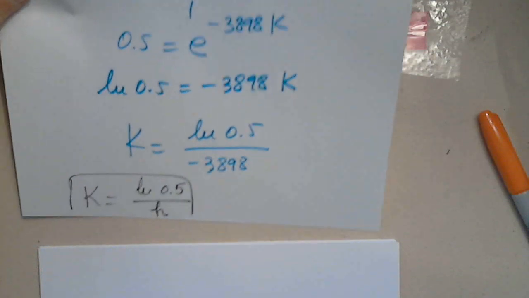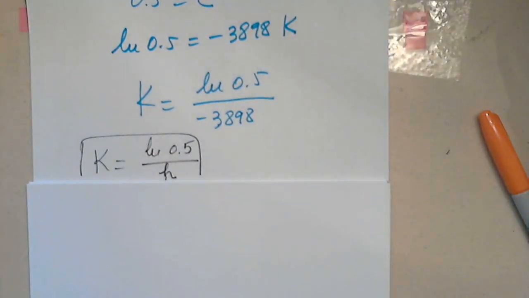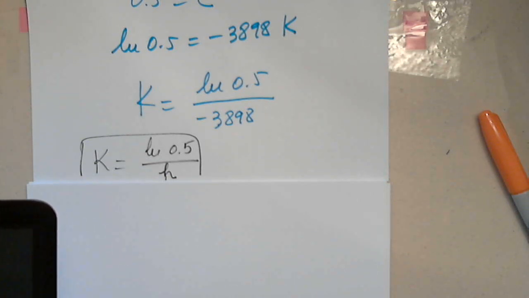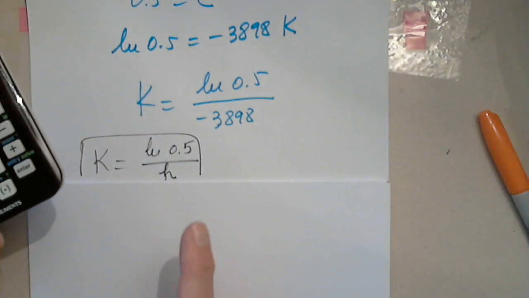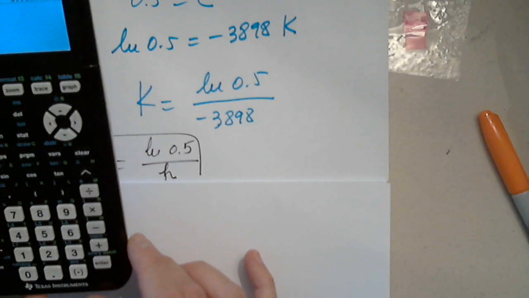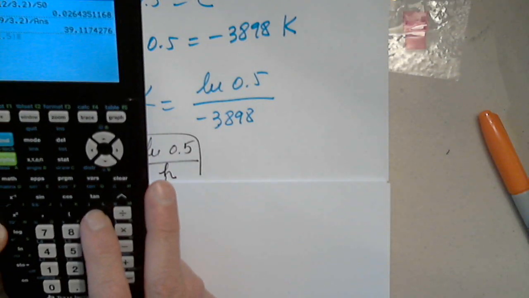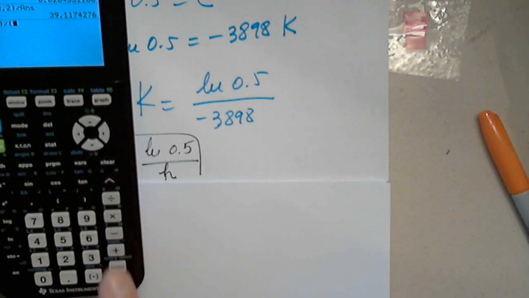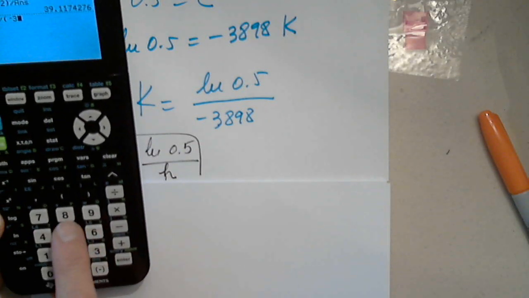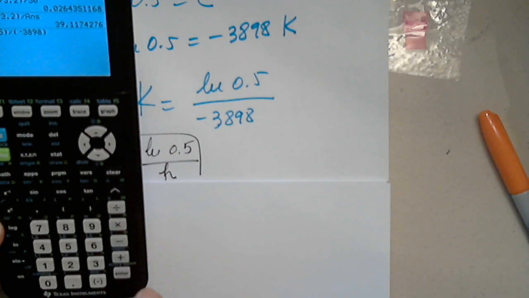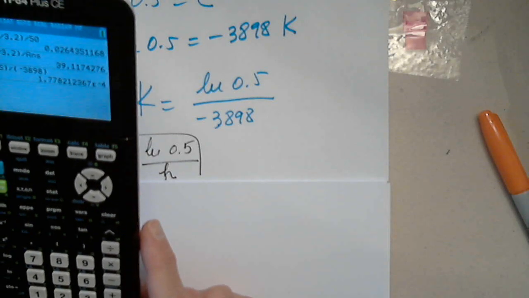It's up to you. So then we divide. Let's say it says round to 6 decimal places. I completely agree, k has to be as accurate as possible. So we have natural log of 0.5, and we divide by, careful, in parentheses, negative 3.898, close the parenthesis, and press enter.